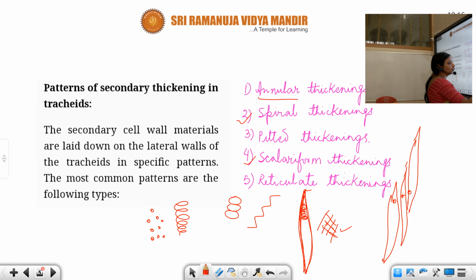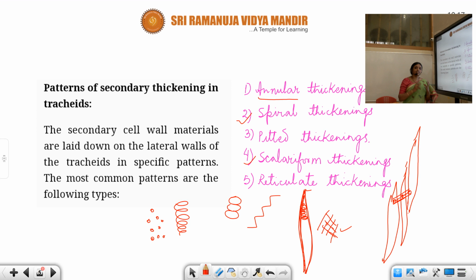The flow of water is not so efficient, we can say, so not much water flows through the tracheids. These tracheids are present in gymnosperms and pteridophytes. But angiosperms are very big trees, vast and expanded also. So for the angiosperm, the tracheids cannot supply much water.